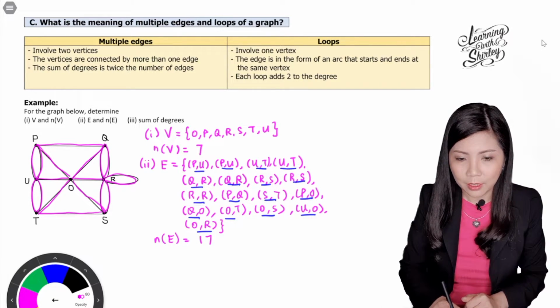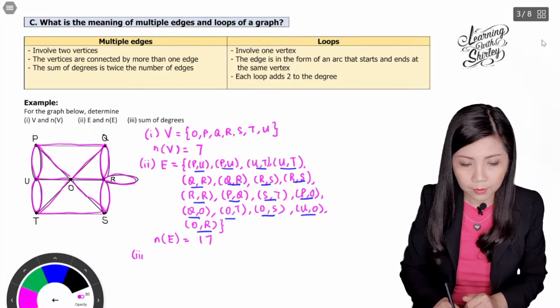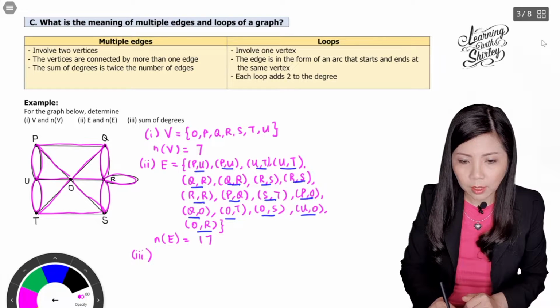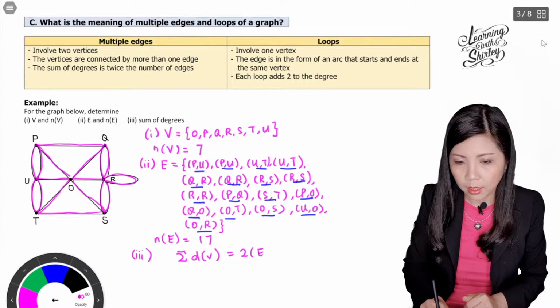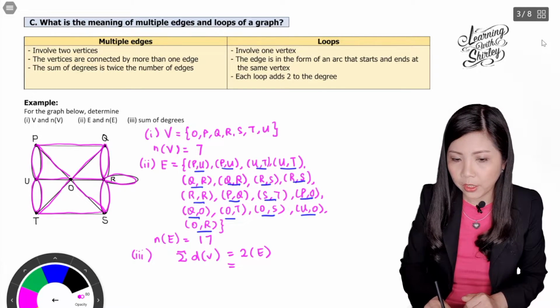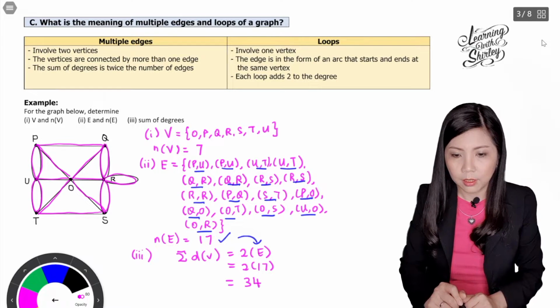Okay, let's answer question number 3, sum of degrees. The formula is dv equals to 2e. The number of edges that we got just now was 17. So I'm going to put this 17 over to here. So 2 times 17, and the answer is 34. So that's the answer.